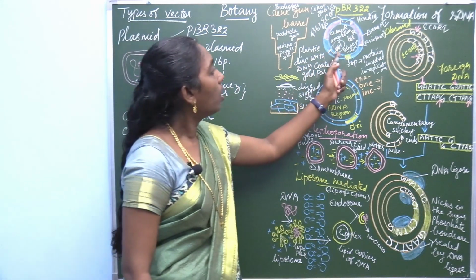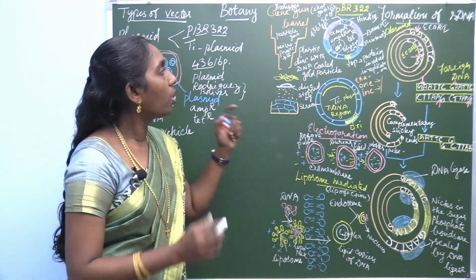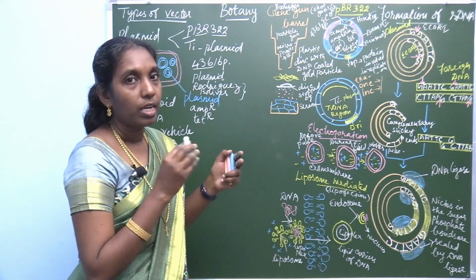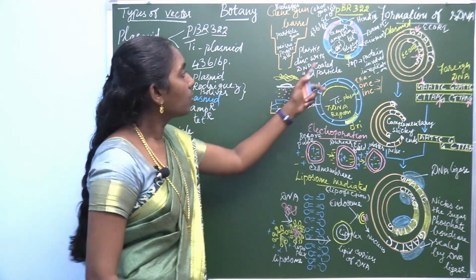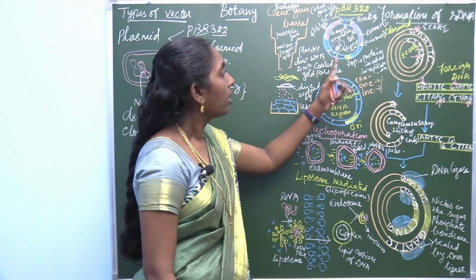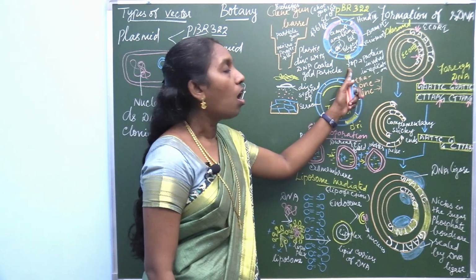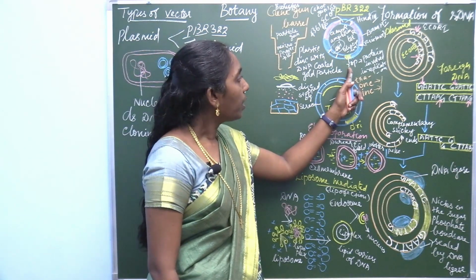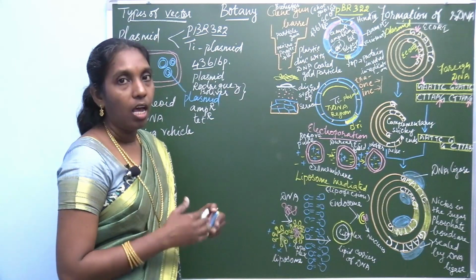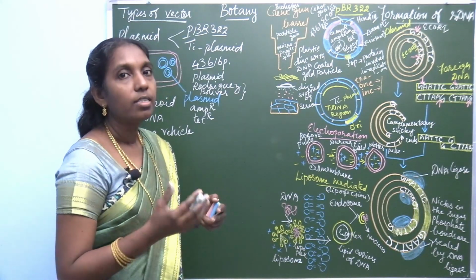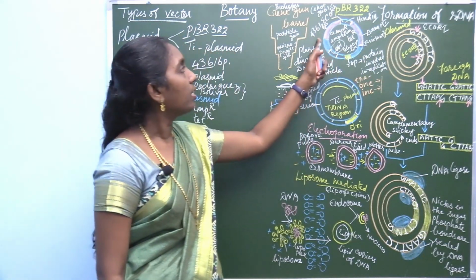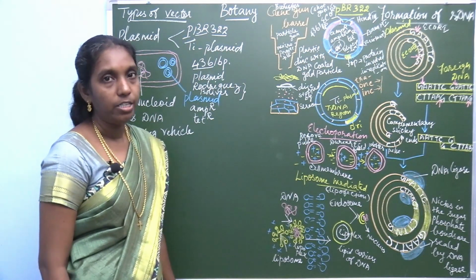ORI is the origin of replication, which all plasmids contain. Another region is ROP. ROP codes for the proteins involved in replication. So all these parts are present in PBr322.